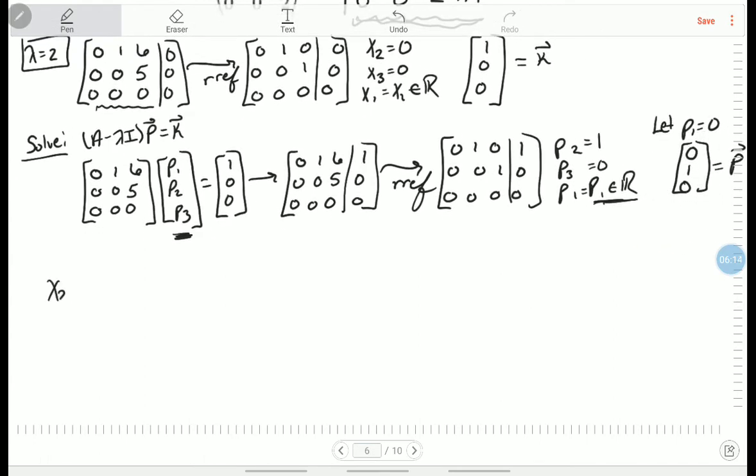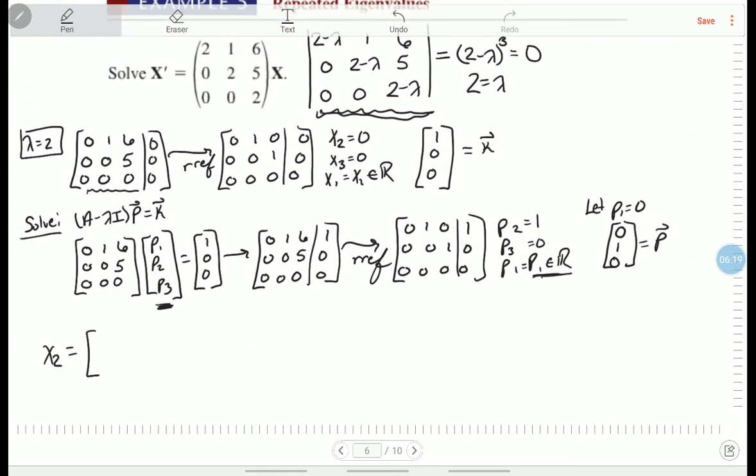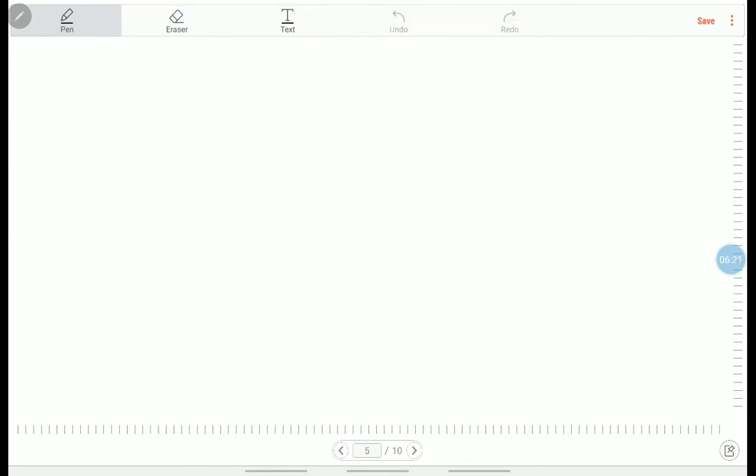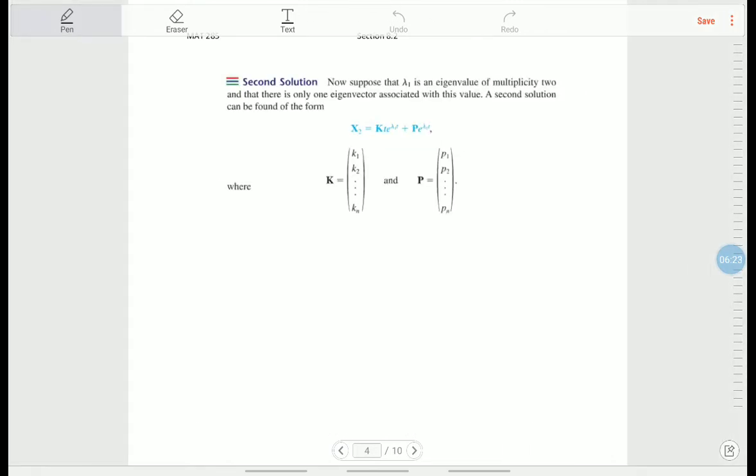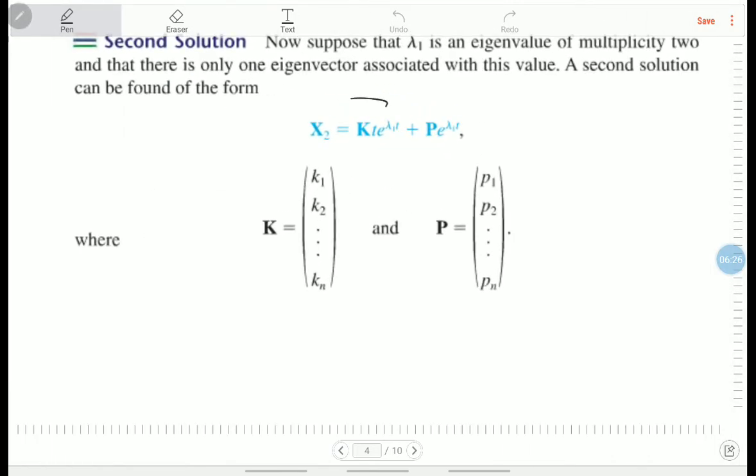So we have x2 now. And this goes back a few pages in the notes. x2 is still going to keep this format even though we're talking about 3 equations, 3 variables.